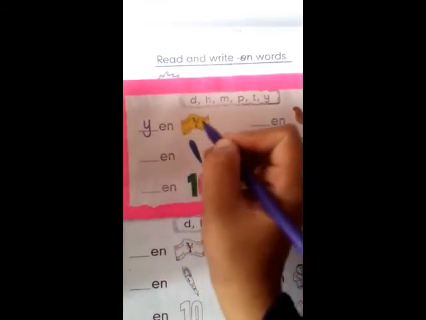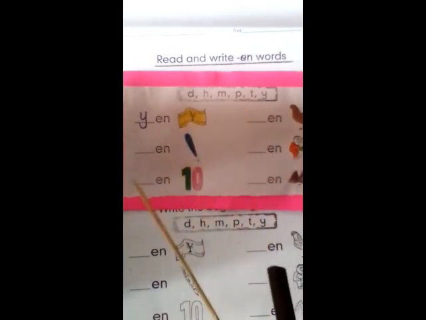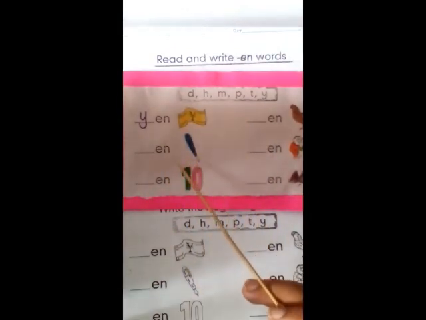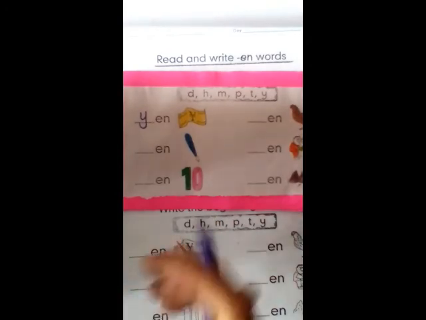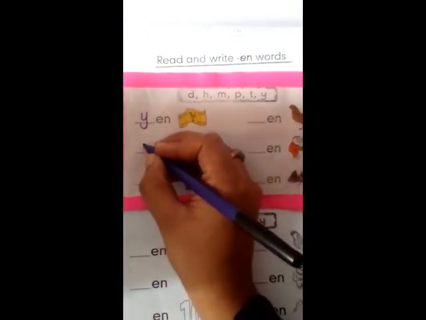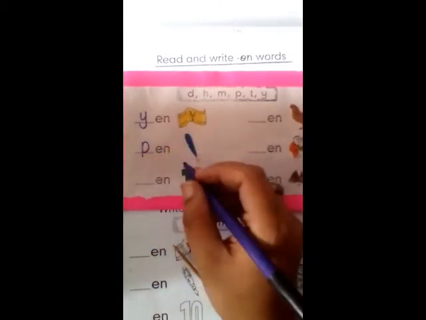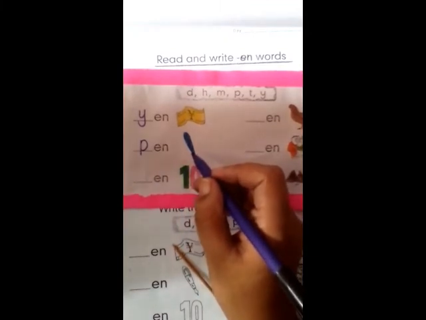Y and yen. The next picture is, oh, look at this. What is this picture? This is pen. Which letter is missing? P. P and pen. I have a blue pen.